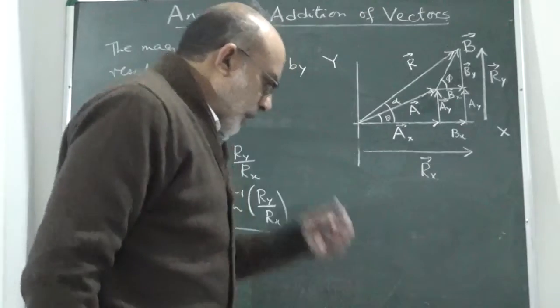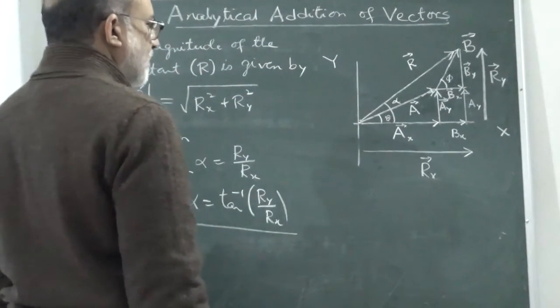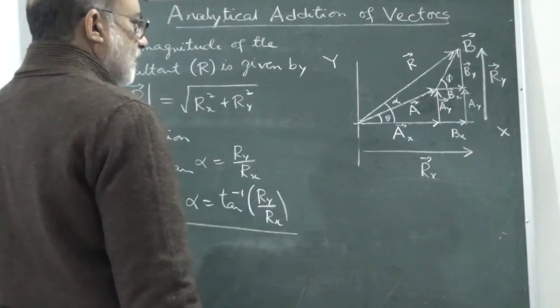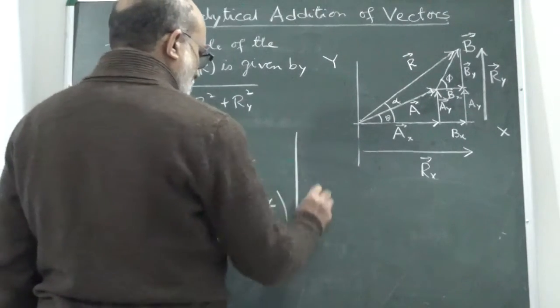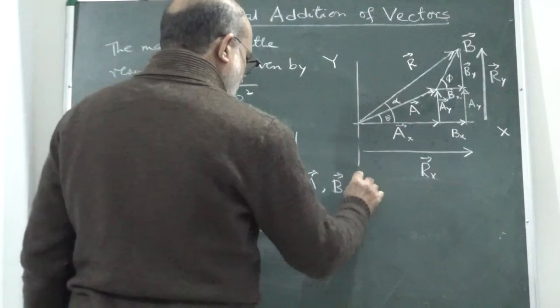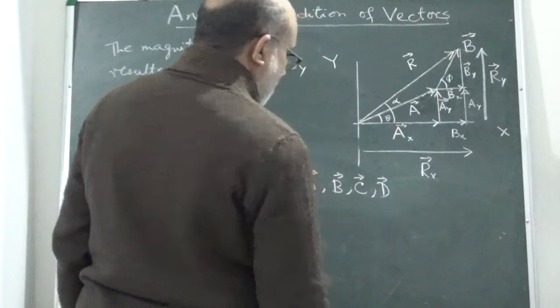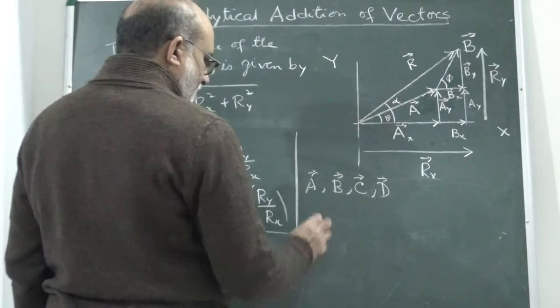So it means that if you have a large number of vectors, say A, B, C, D, E, F, resolve all of them into the rectangular components. Suppose we have vectors A, B, C, D, and we have to add them analytically, resolve all of them into their x and y components.